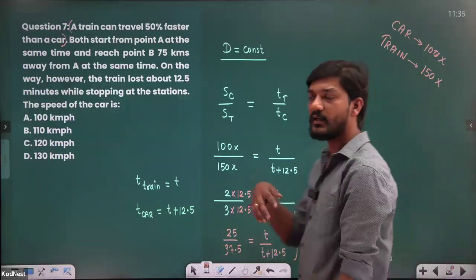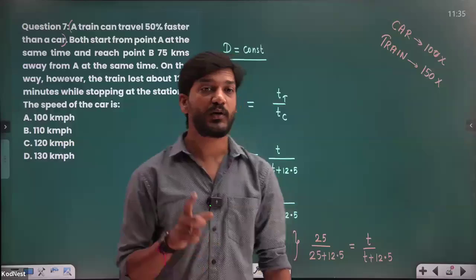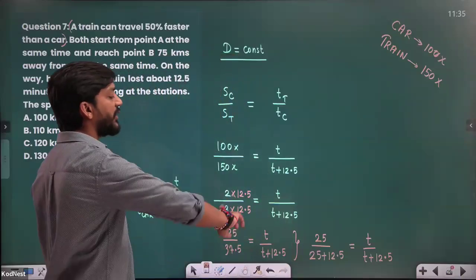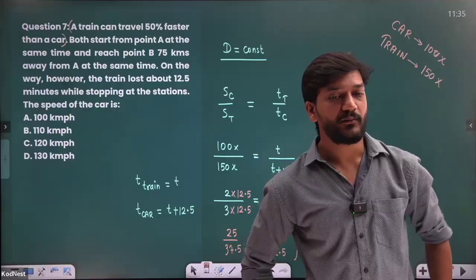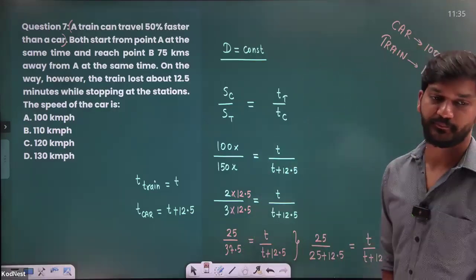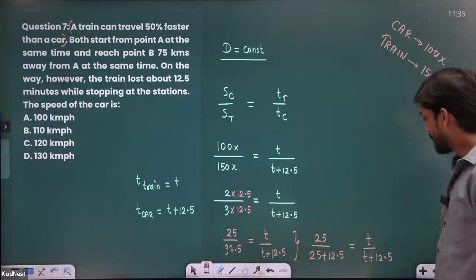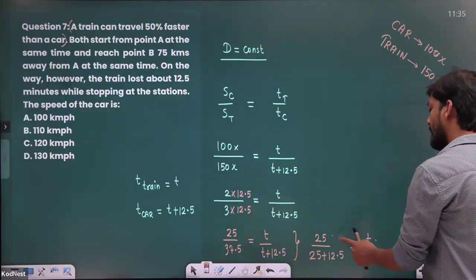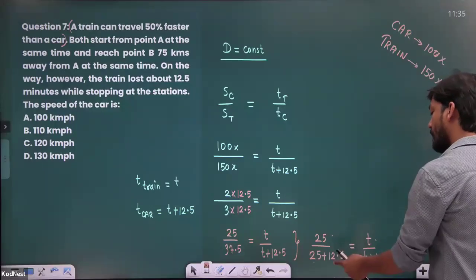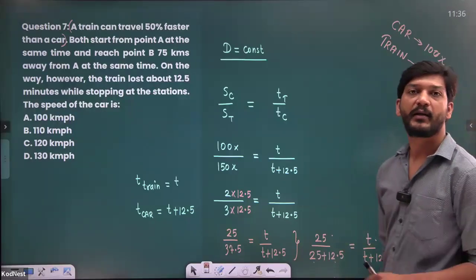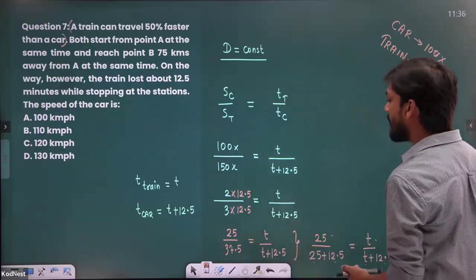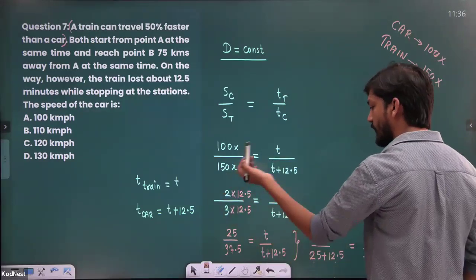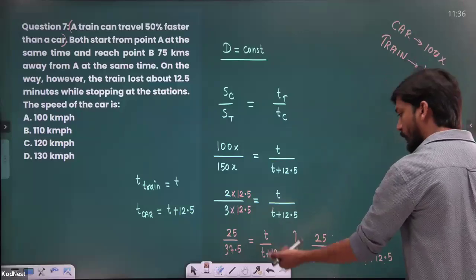Please compare the left and right side and answer what is the t value. The t value is 25, 12.5, 12.5. So comparison will give you the t value. This is one way. The other way is you just cross multiply. You will get your answer. This is the second way.